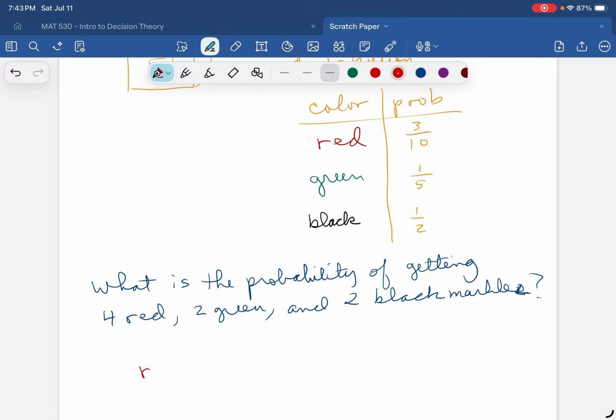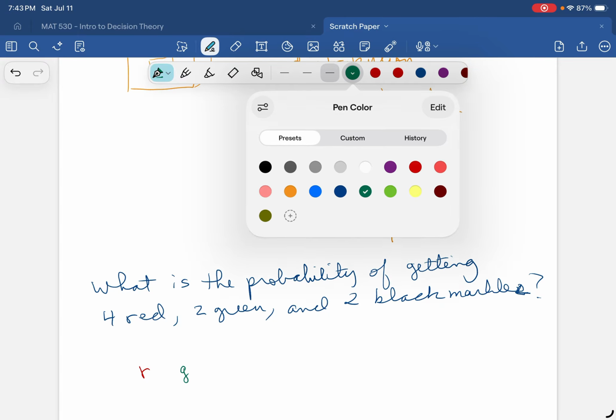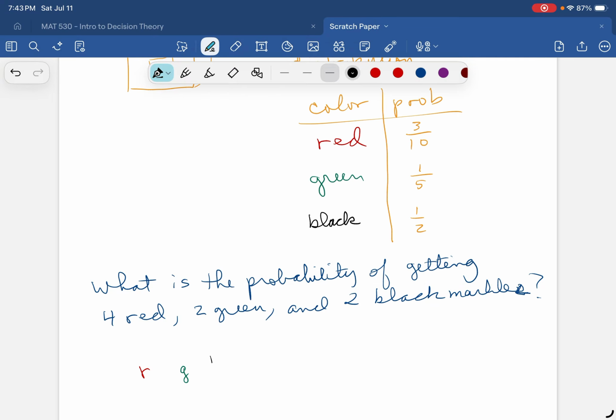So let's first just put down one possibility. Maybe we get a red first, and then followed by a green. And let's see, we need to do maybe a black one. And then maybe we get a green one again. And then maybe a red one.